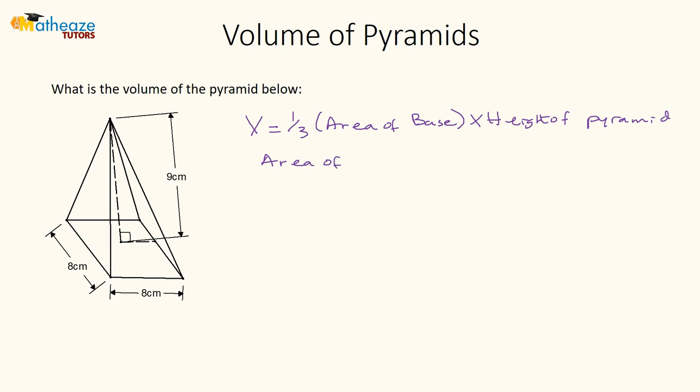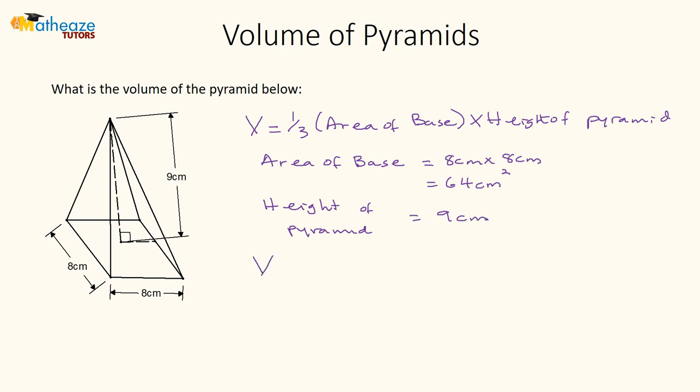Area of base, because it's a square, is going to be 8 centimeters multiplied by 8 centimeters, which is 64 square centimeters. The height of the pyramid is 9 centimeters. So the volume of this pyramid is 1/3 multiplied by 64 square centimeters multiplied by 9 centimeters.